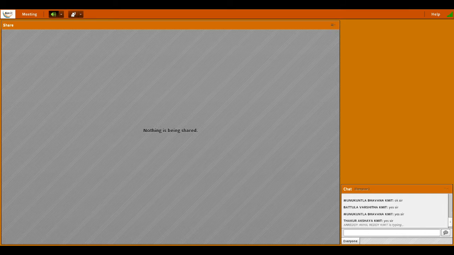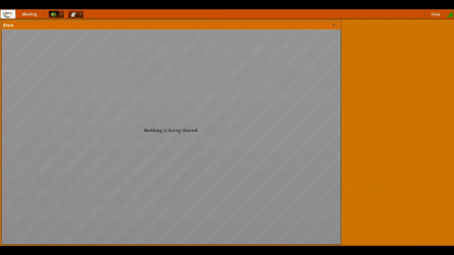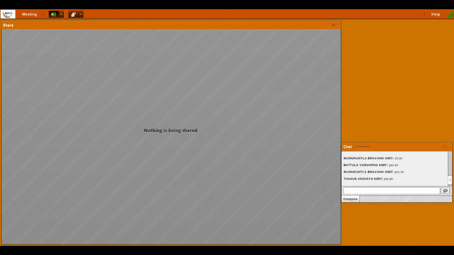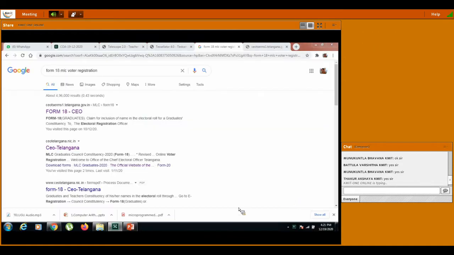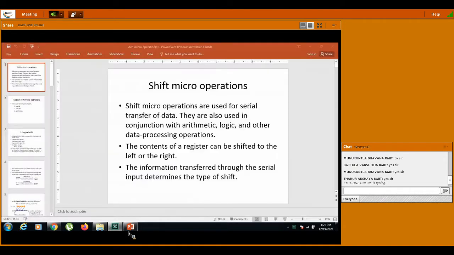I am sharing my screen. Please let me know whether you are able to see my screen or not. Yes, can you see my screen? Is it visible? Is it shared?